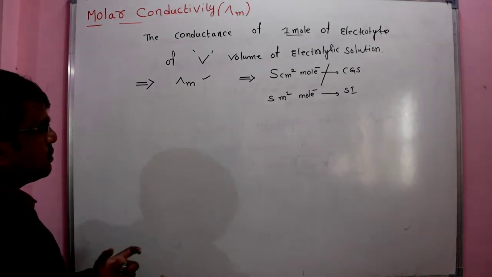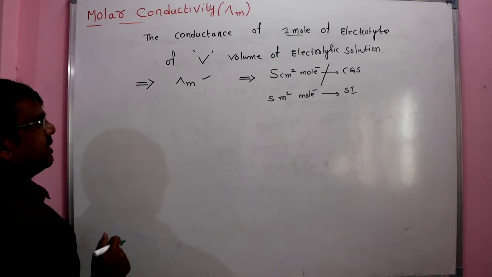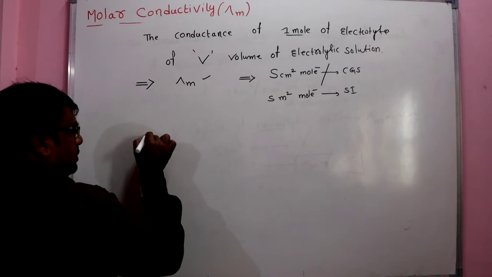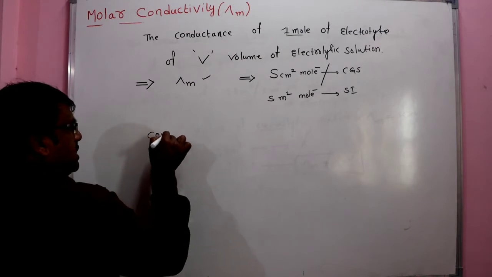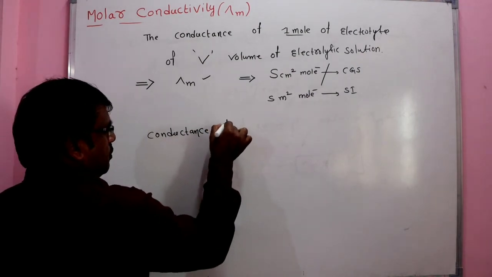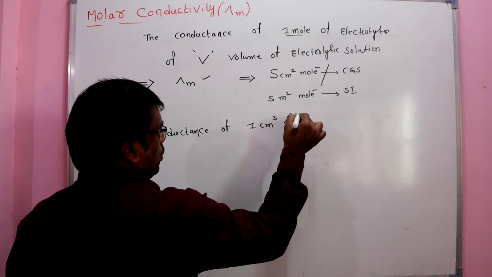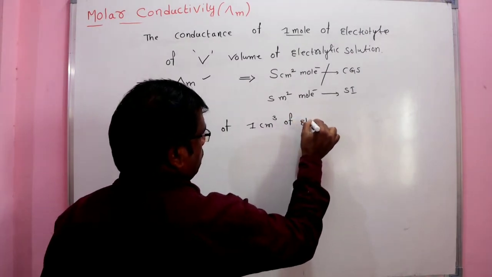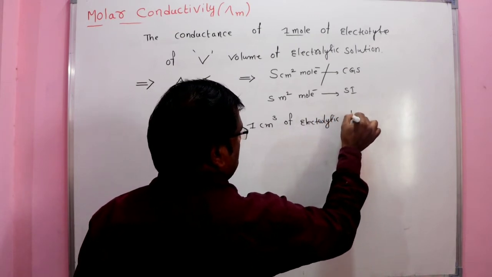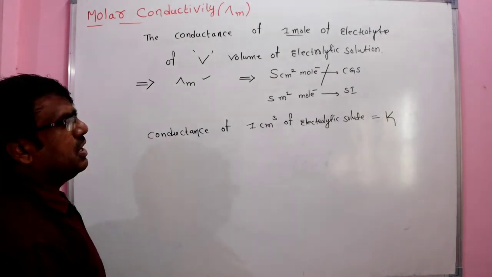Now let us see, we will get one important formula. How we will get? Look at here the derivation. We know that the conductance of either 1 centimeter cube or 1 meter cube of electrolytic solution is equal to K, conductivity, kappa.